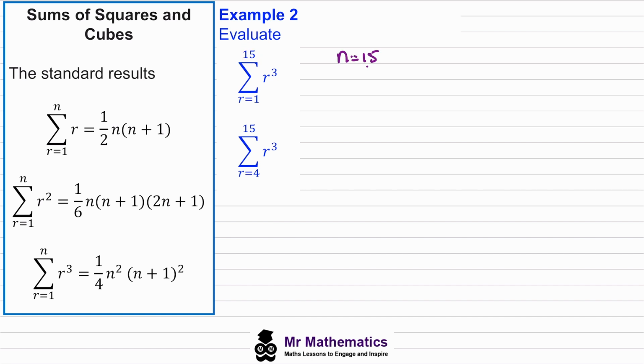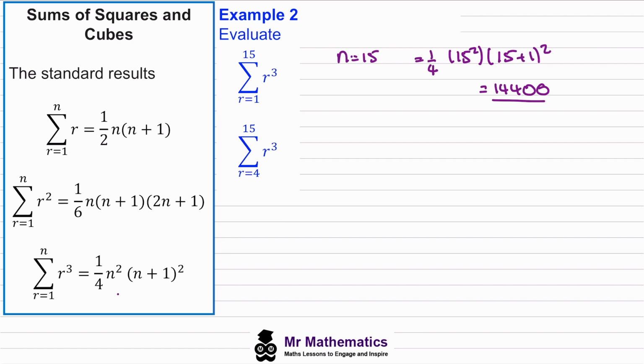And then we'll put this 15 into the r cubed formula, and we get 1 over 4 lots of 15 squared multiplied by 15 plus 1 squared. And we can work this out and we get 14,400.